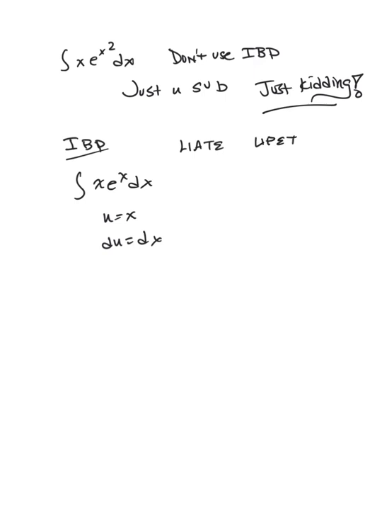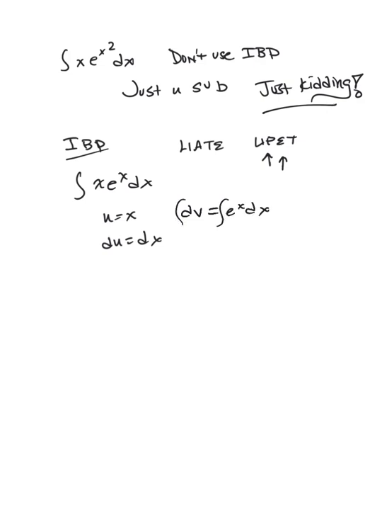So if you have to choose, you're going to make your u equal to a polynomial function over an exponential function. So that's why I made u equal to this polynomial function. dv. So u dv, well, dv is e to the x dx.